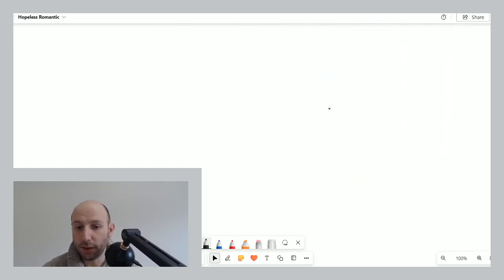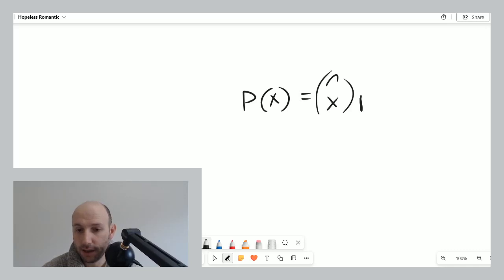And the probability of a certain number of successes is n choose x times p, which is the probability of success, to the power of the number of successes, times 1 minus p, that's the probability of failure, to the power of the number of failures.